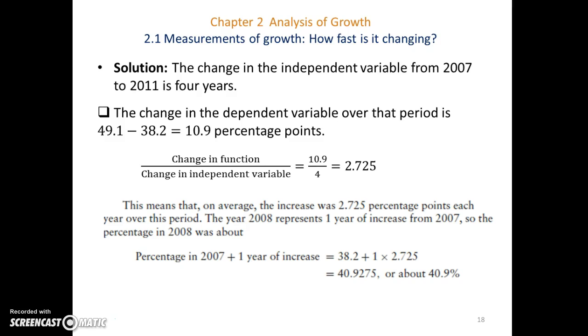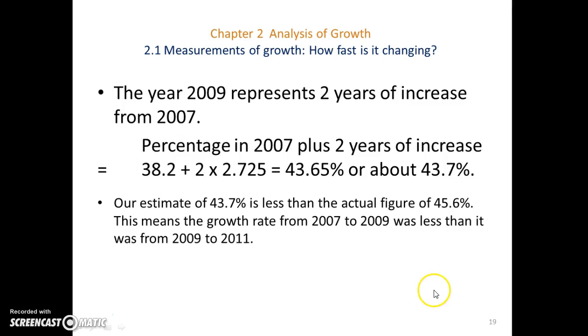The year 2008 represents 1 year of increase from 2007. So the percentage in 2008 was about whatever was the percentage in 2007 plus 1 year of increase. That results in 40.9%. The year 2009 represents 2 years of increase from 2007.